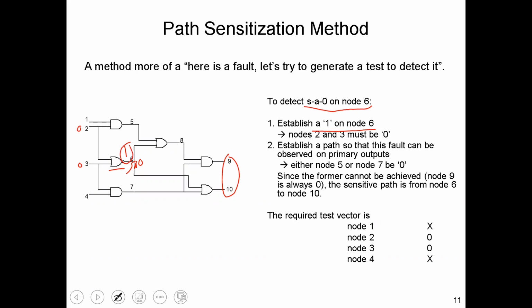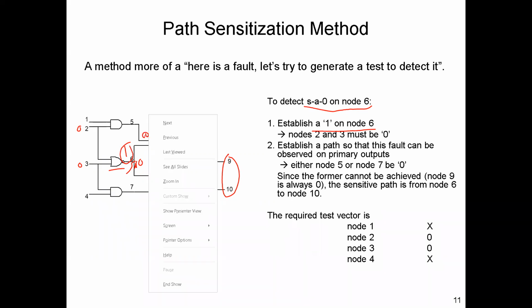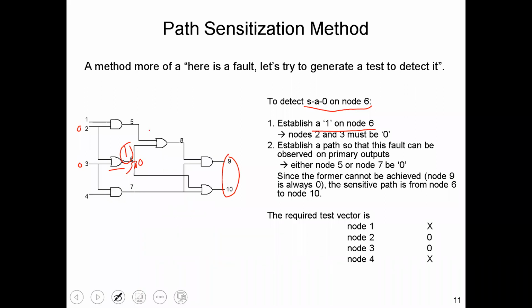Say we want to pass this 1 to node 8 in the upper path. Then node 5 should be 0. If node 5 is 0, then node 6 can be passed to node 8 for an OR gate. If you set one input to 0, then the other is just a buffer. So we try to establish a 0 here, but this 0 seems not possible because node 2 is already 0.